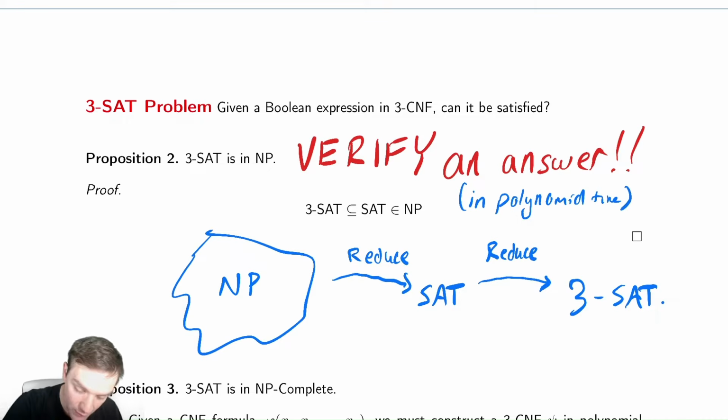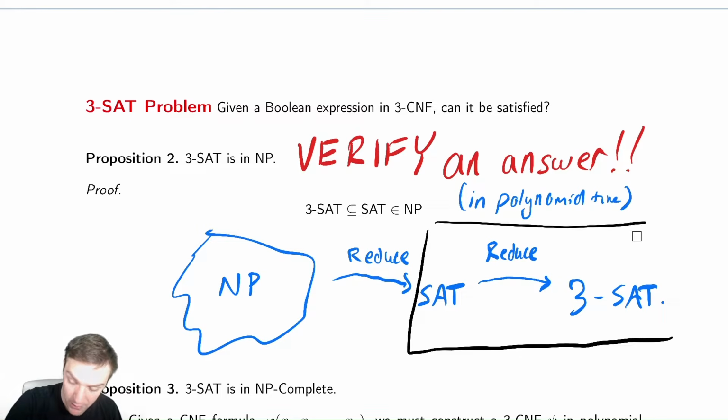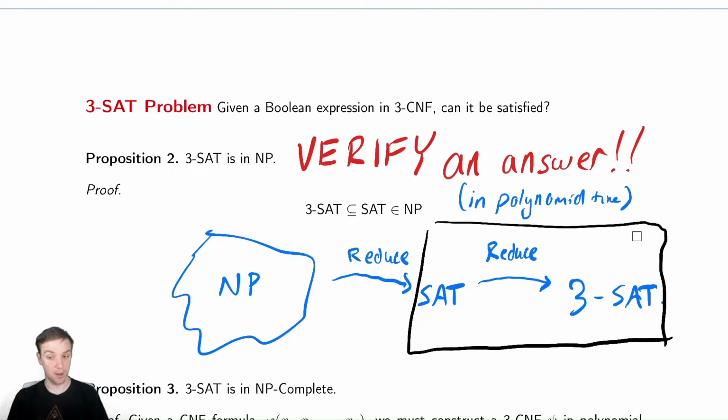So we're narrowing our vision into proving the following reduction from SAT to 3SAT. Remember, a reduction is: give me a SAT problem, I will rewrite it in terms of a 3SAT problem, and I need to be able to do that in polynomial time.